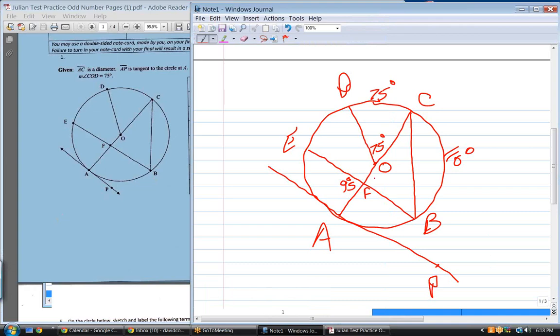Well, let's see. I know this angle right here that's at F. What is this angle right here? How do you subtract from 180? What's the 95 minus 180?